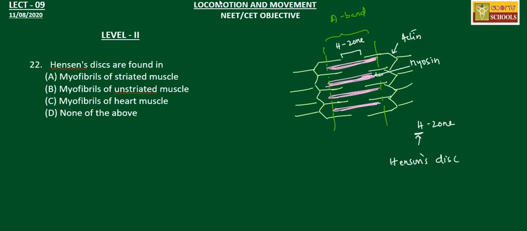So here, Hansen's disc is found in myofibrils of striated muscle. Yes, it is present in myofibrils of striated muscles. It is not seen in myofibrils of unstriated muscle or the myofibrils of heart muscle.